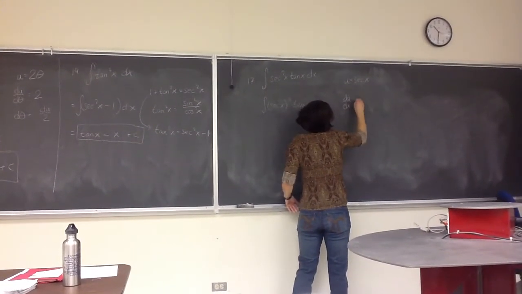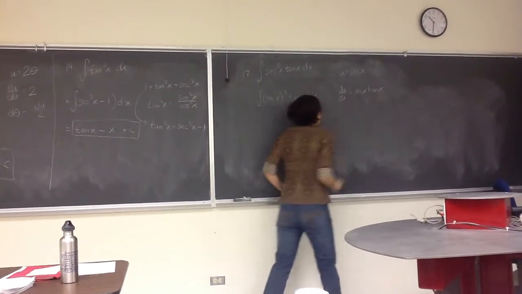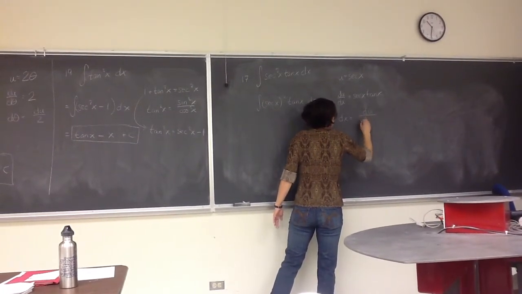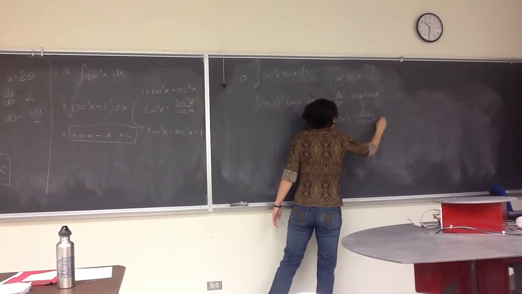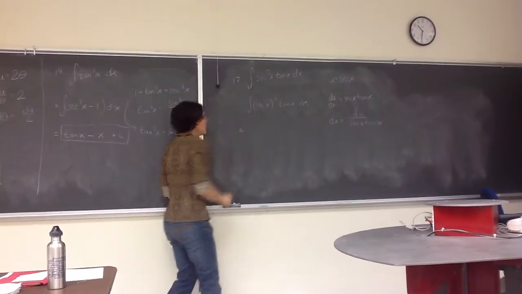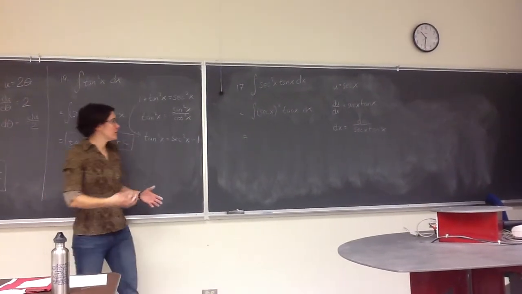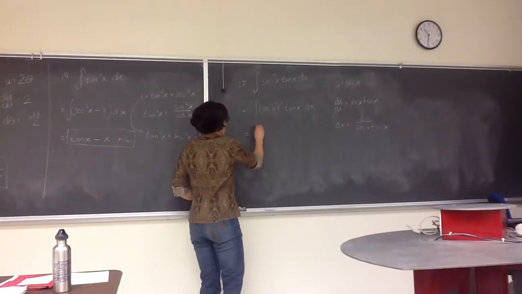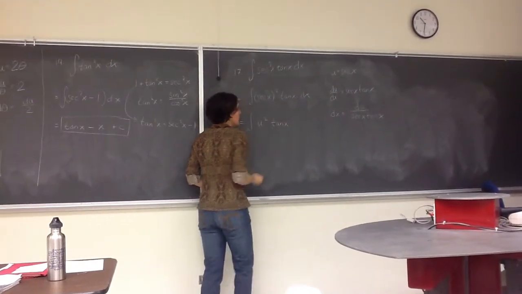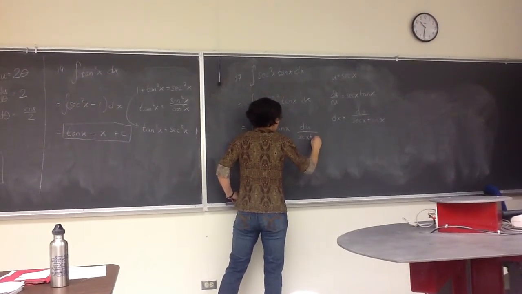We have du over dx is secant x times tangent x, which means that dx is equal to du over secant x tangent x. Going back to our integral, I have the integral of u squared times tangent x, and my dx is du over secant x tangent x.